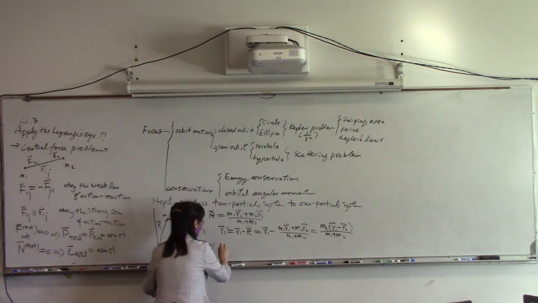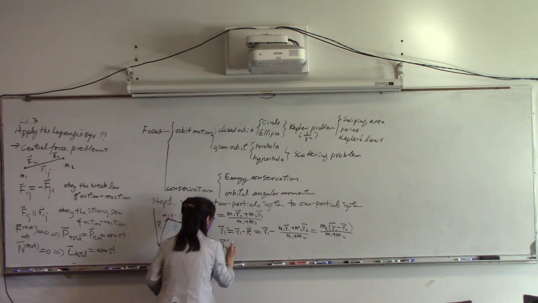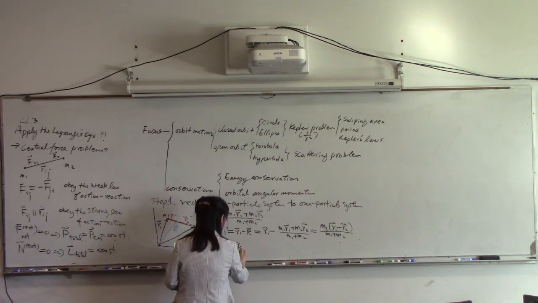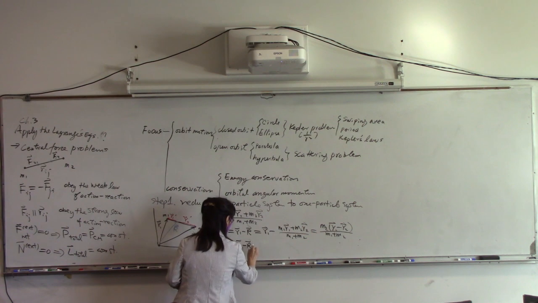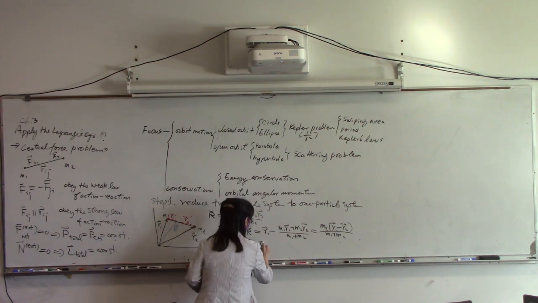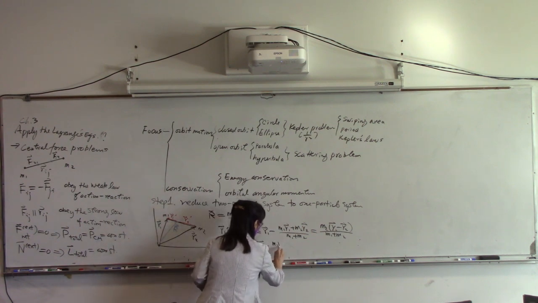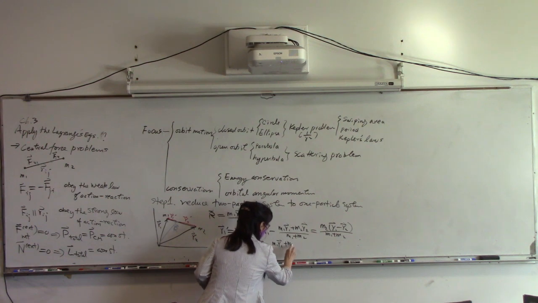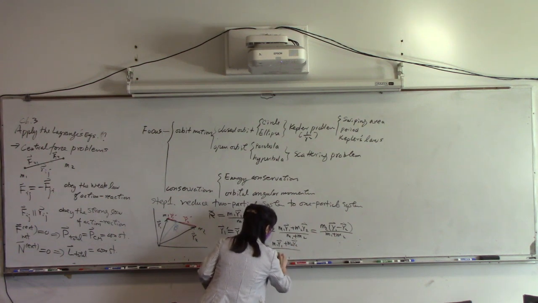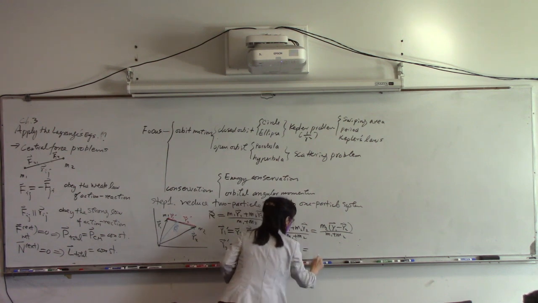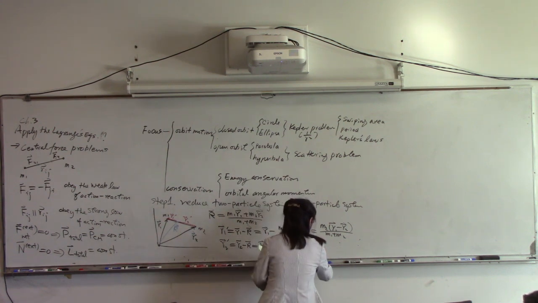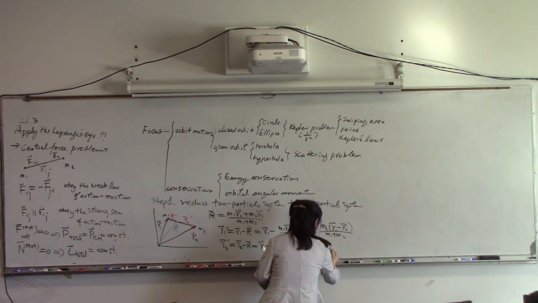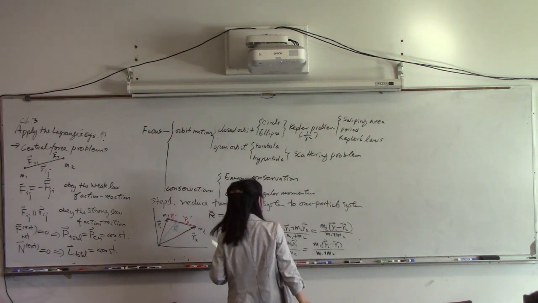And similarly, R2 prime is R2 minus R, and do the same thing: R2 minus M1 R1 plus M2 R2 over M1 plus M2, which equals M1 (R2 minus R1) over M1 plus M2. You can double check yourself.